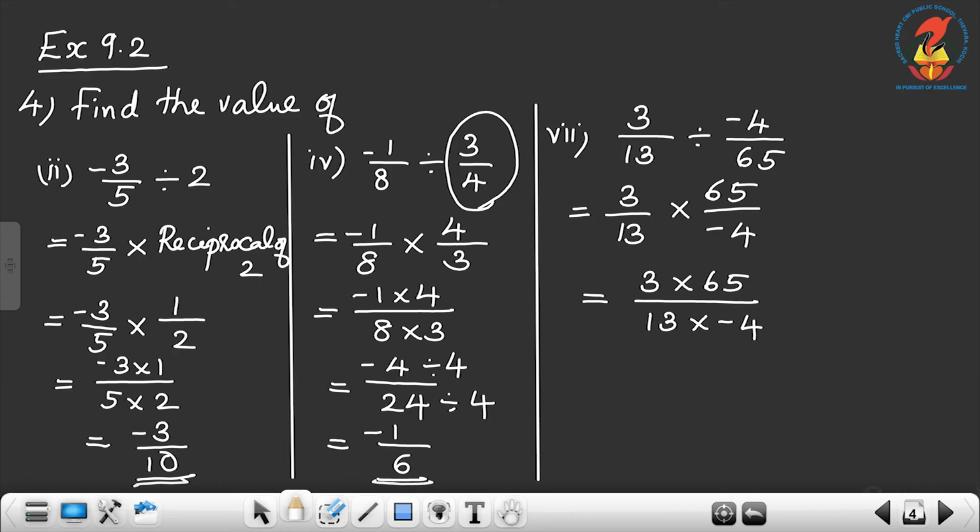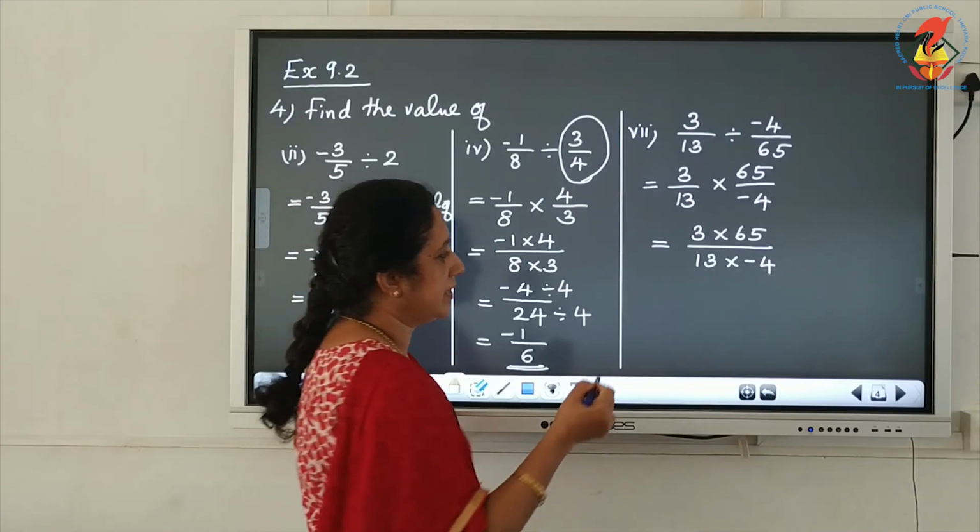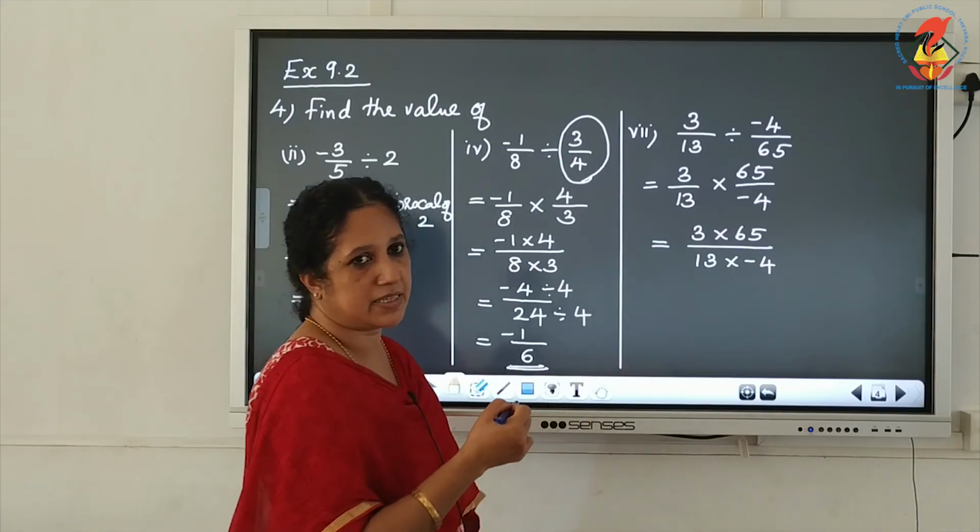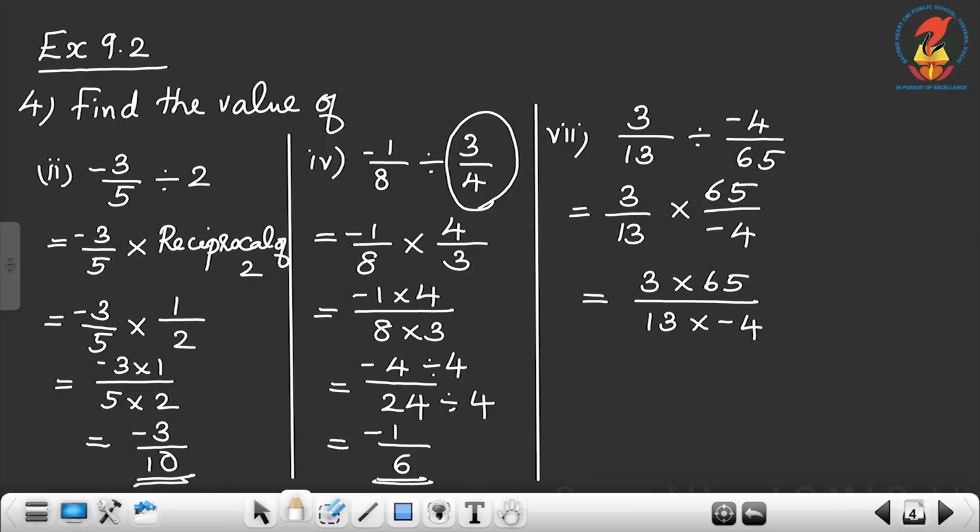Now, if we can do the cancellation, we can apply the cancellation method. Look at that, 13 and 65 we can cancel using 13. In 13, 13 will go 1 time, and in 65, 13 will go 5 times.